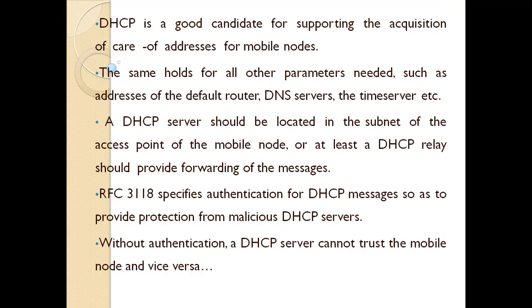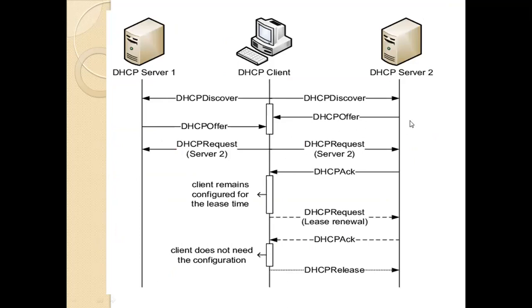Why? Because whenever the client, the correspondent node, sends a request to the servers, the server sends an acknowledgement. Before that, the client sends a discover request, the server sends an offer. Whenever the offer reaches the client, the client sends a request and the server sends an acknowledgement.